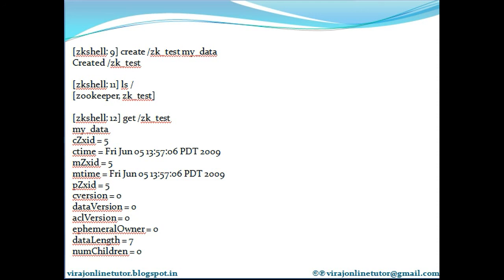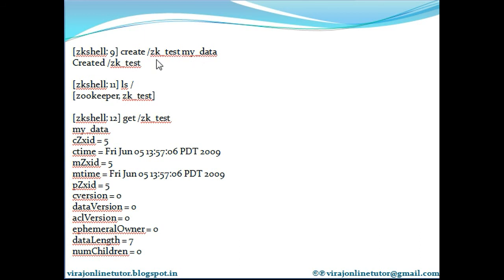Now the next command that we'll try is create. The create command creates a new Z node by running the command in the following way. This command creates a new Z node by name zk_test and associates the string my data with the node.